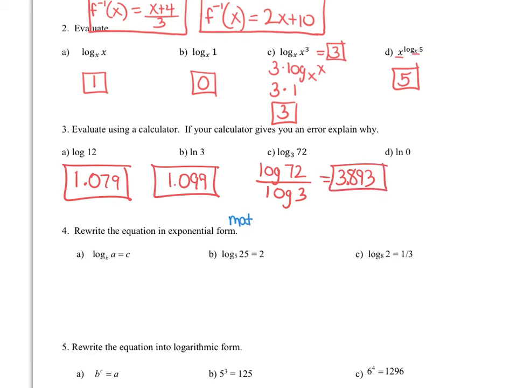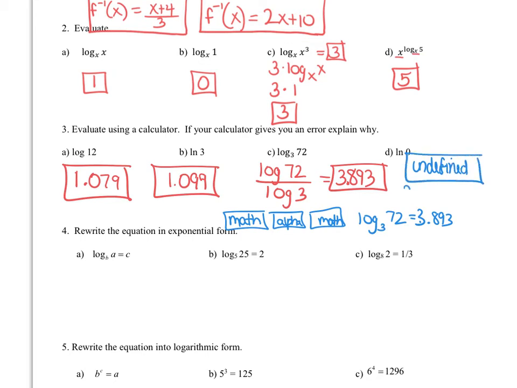Some calculators don't have that. So math alpha math lets you change the base, okay? And that gives you 3.893.